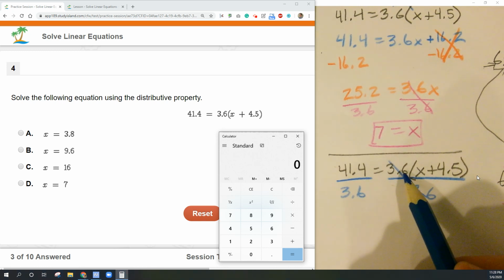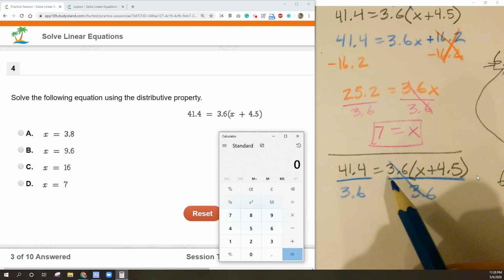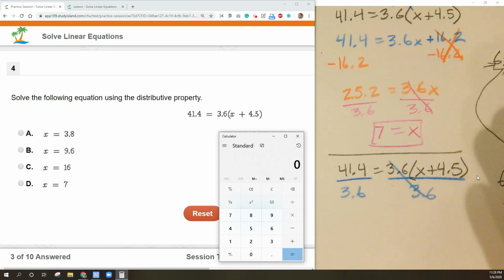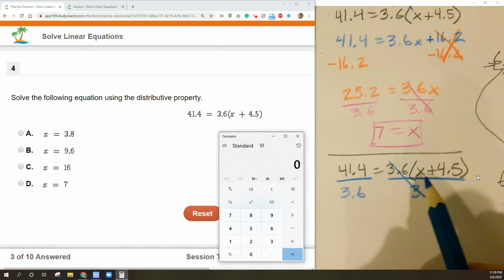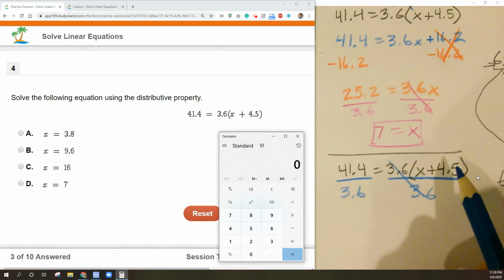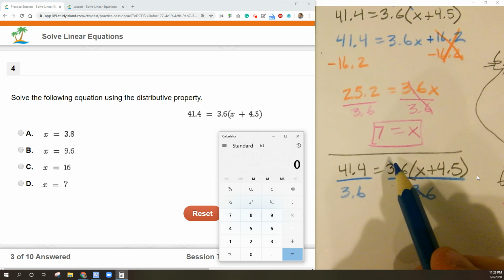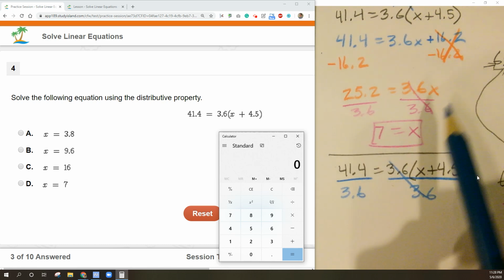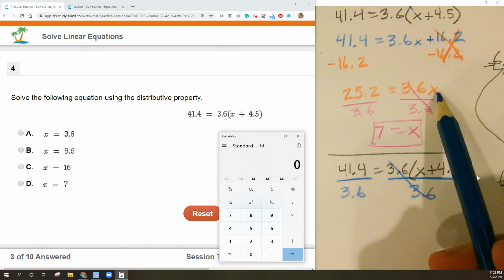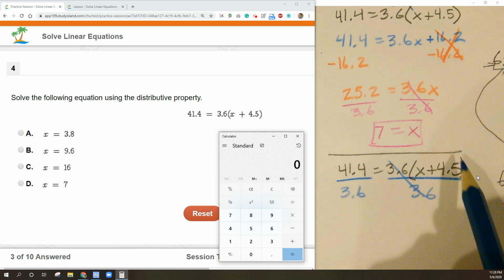If this said 3.6 times y, then when you divide it by 3.6, you would just be left with y. Well, in this case, I'm pretending that y is x plus 4.5. This is a self-contained thing in parentheses. So when I divide by 3.6, that 3.6 goes away, just like the 3.6 goes away when it's multiplied by a single variable. It's a single value.